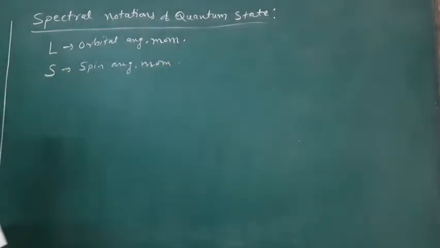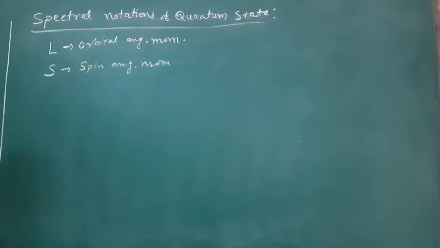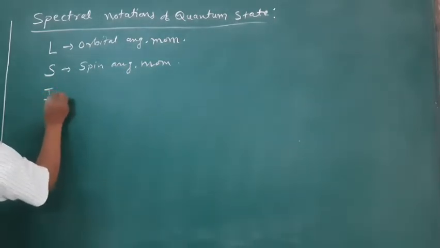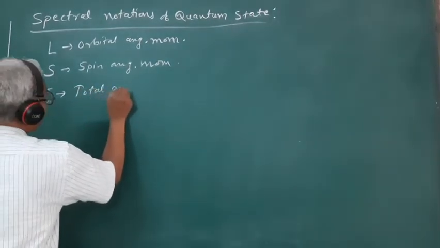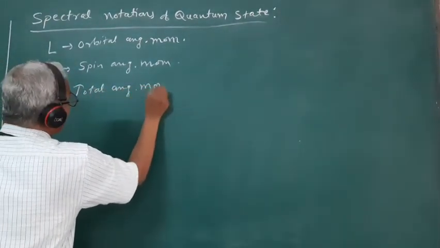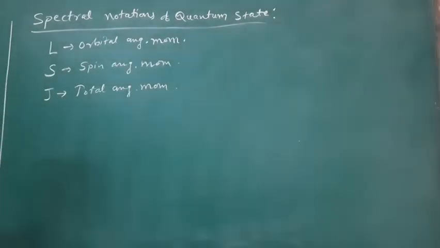So whenever we want to write the atomic state, it is a must that we have knowledge about the orbital angular momentum and the spin angular momentum, such that the total angular momentum can be obtained. J is the total angular momentum.